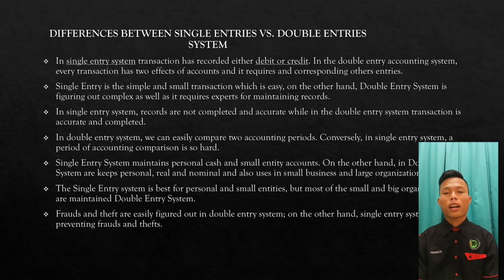On the other hand, double entry system keeps personal, real and nominal accounts and is also used in small businesses and large organizations. A single entry system is best for personal and small entities, but most small and big organizations maintain a double entry system. Frauds and theft are easily figured out in double entry system. On the other hand, single entry system does not prevent frauds and thefts.